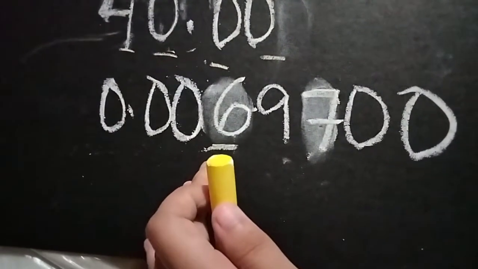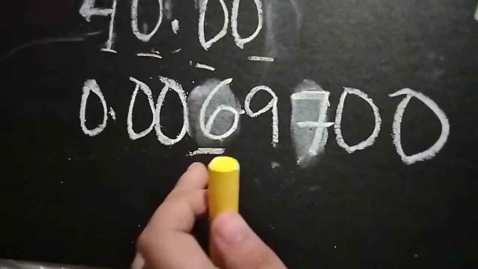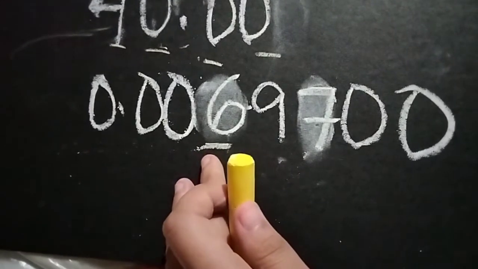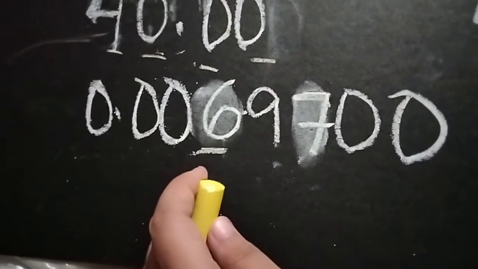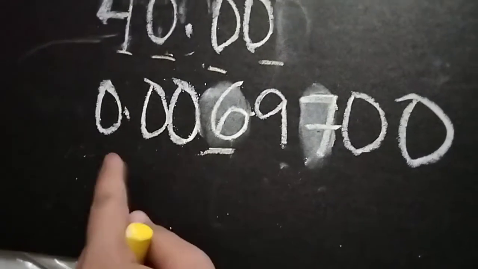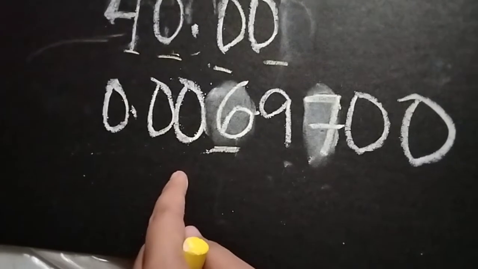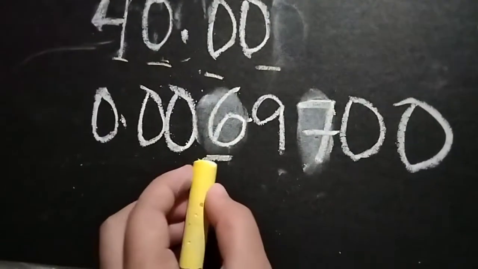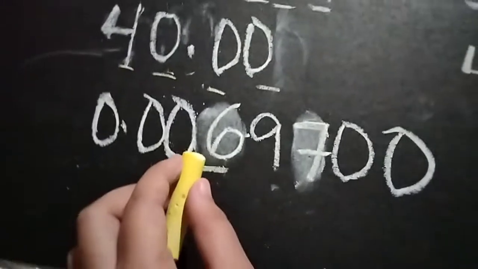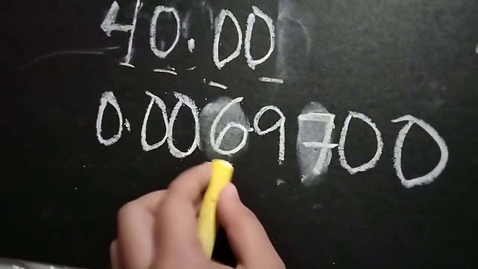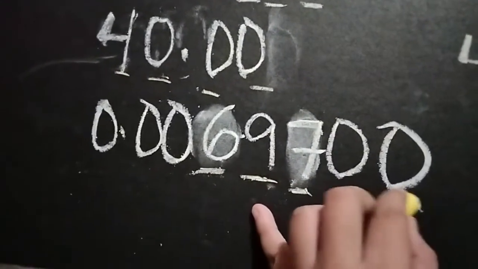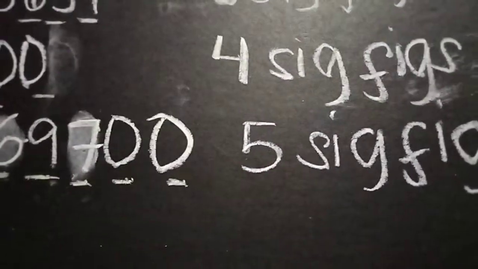In the previous 3rd rule, the zeros on the left side are not countable. So this 30 on the left is not countable as a significant figure. In this number 6, we start to count: 1, 2, 3, 4, and 5. So the significant figures are 5.